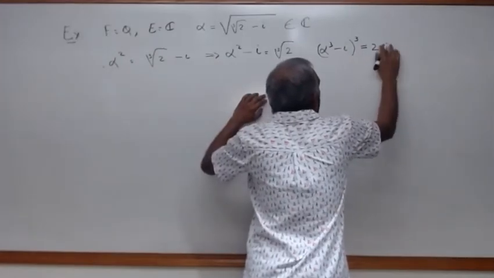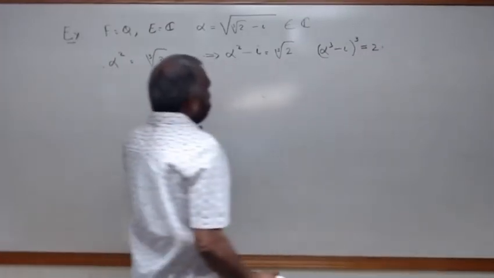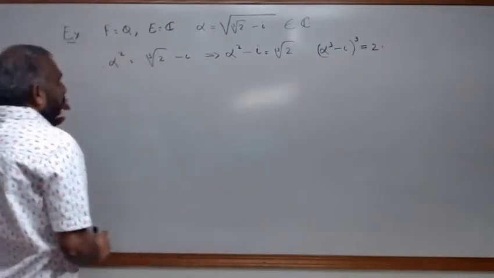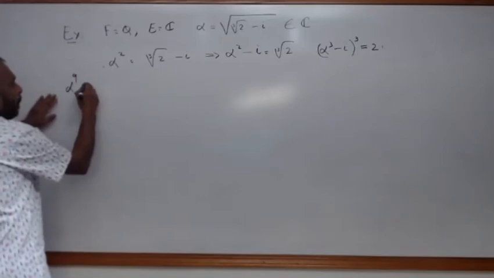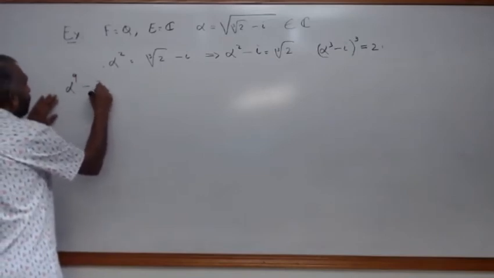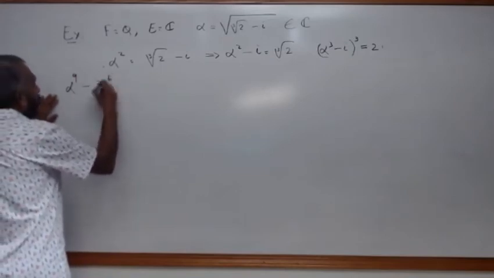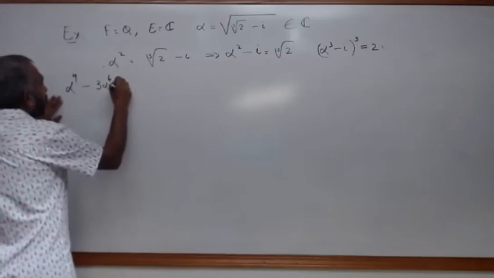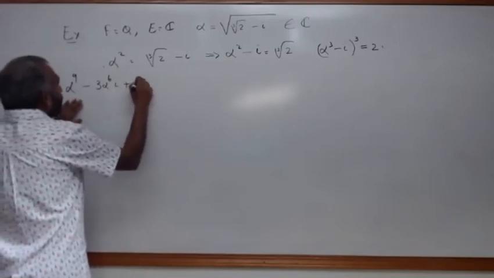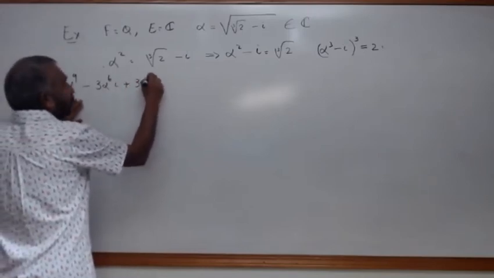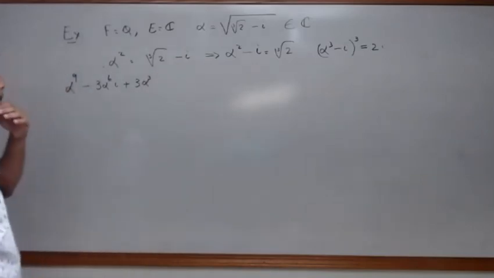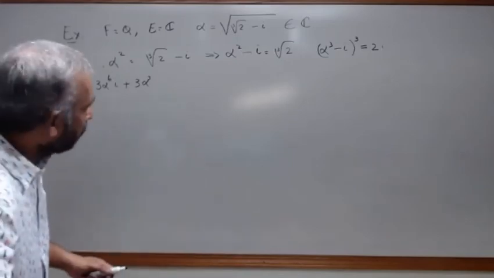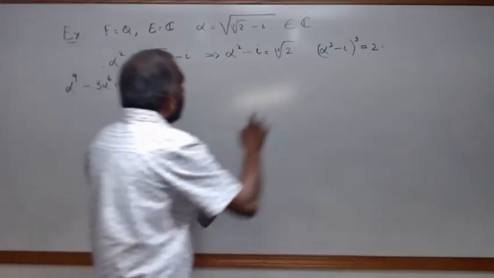If you expand this, that will be alpha to the power of 6 minus 3 alpha to the power of 4 i plus 3 alpha square, oh no, this is square, right?